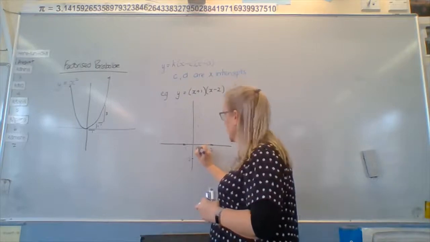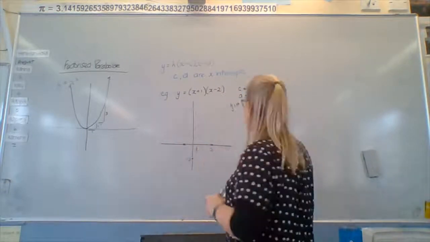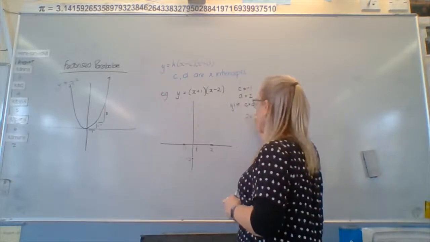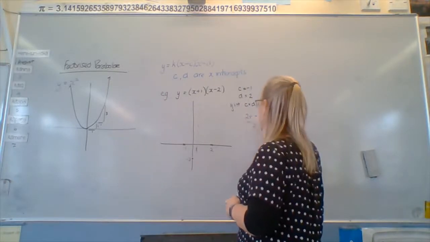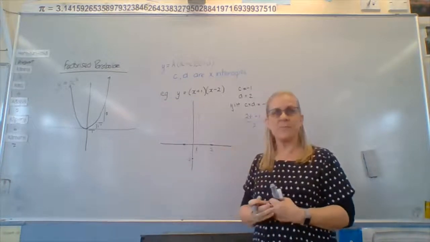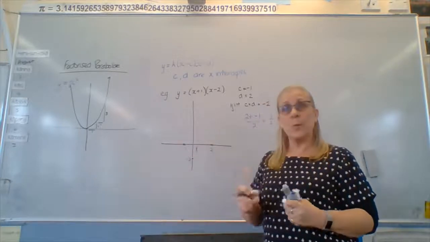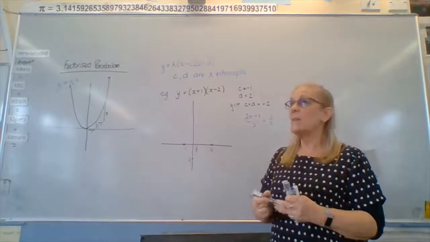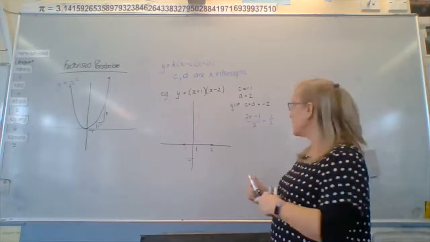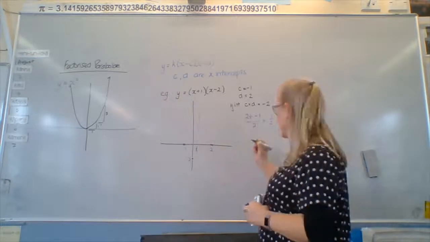So we know that the vertex is going to sit on that line, halfway between those two. How can we find that out? We can go 2 plus -1 over 2 equals a half. All right, that tells us where it is. Now that half is also the x-coordinate of our vertex. All right, so although it's the dotted line, it's also the x-coordinate of the vertex.